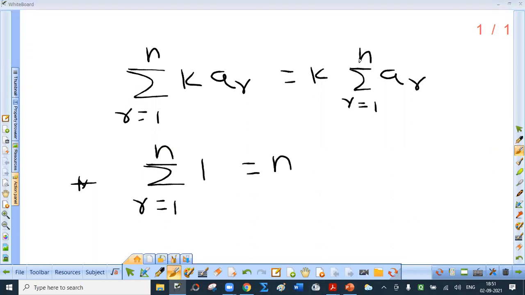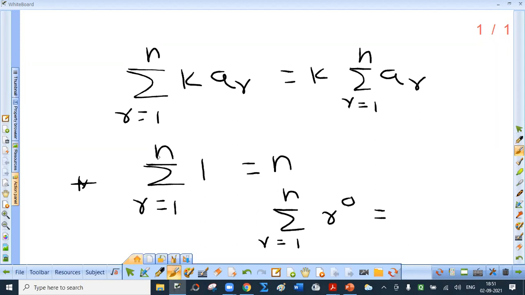Basically, some students are saying sigma 1 is 1. No. One student is saying, but sir, there is no R. Okay. See, now R is involved. Can I write 1 as R raised to 0? Yes. R goes from 1 to n. Put R equal to lower limit. See, this 1 is called as lower limit and n is upper limit.